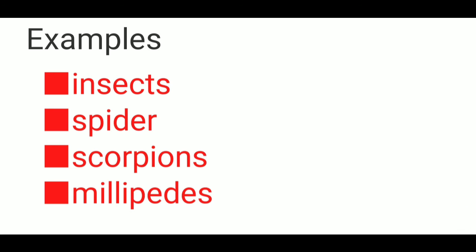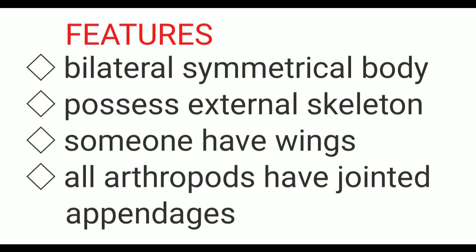In the arthropods' body they have eyes, antennae and wings. Some have wings, and also jointed appendages. Then when we talk about the features, they have a bilateral symmetrical body.